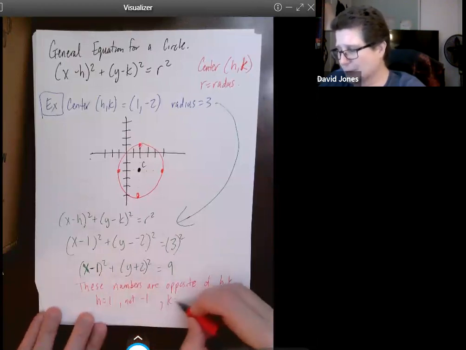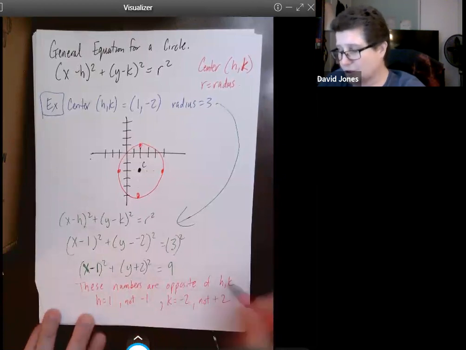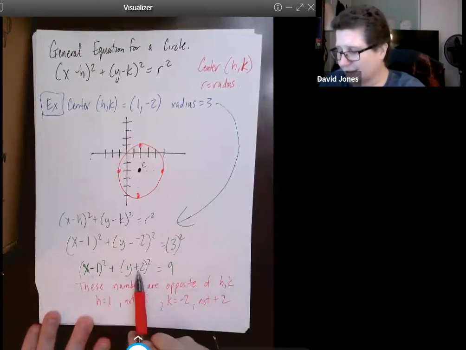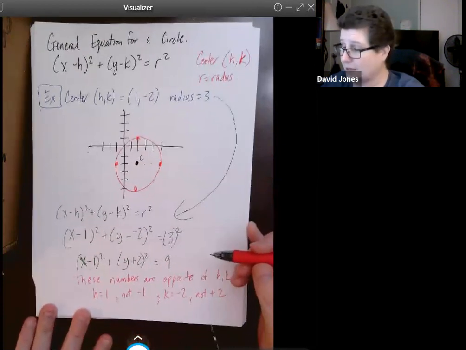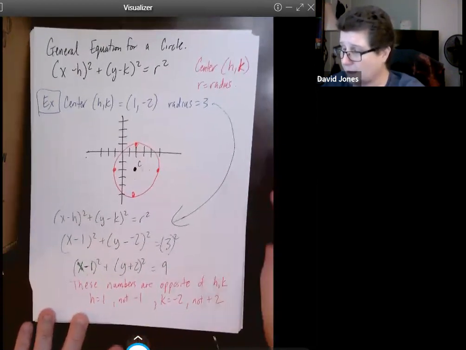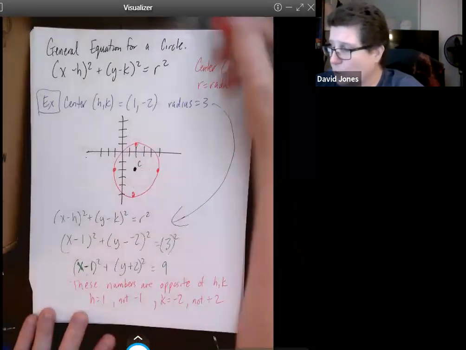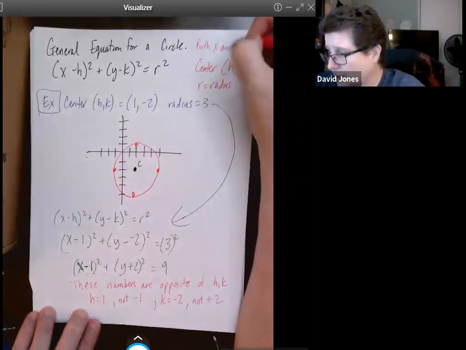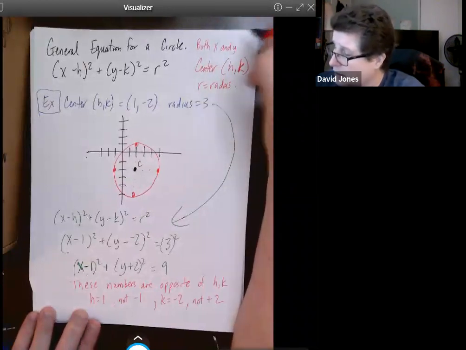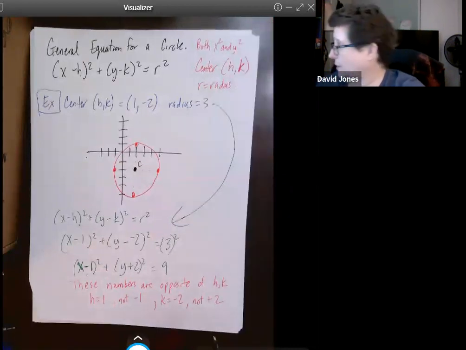And k equals -2, not +2. So whatever sign you see there, change the sign for the center. On a circle, both x and y are squared. Both x is squared and y is squared. Okay?